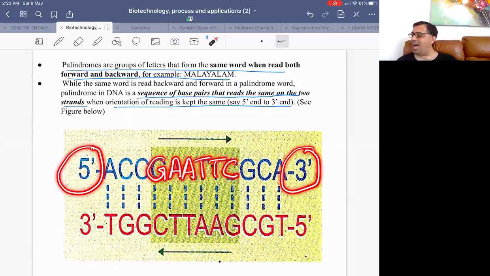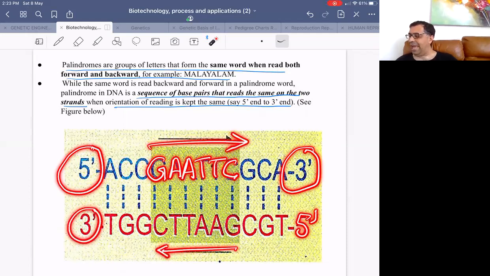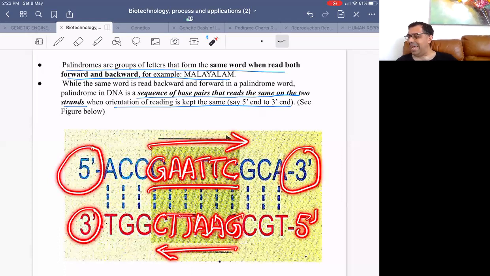And on the opposite side, 5' to 3', you have the same sequence GAATTC. Same. These two are complementary and are read the same forward and backward. Such a sequence is called a palindrome.